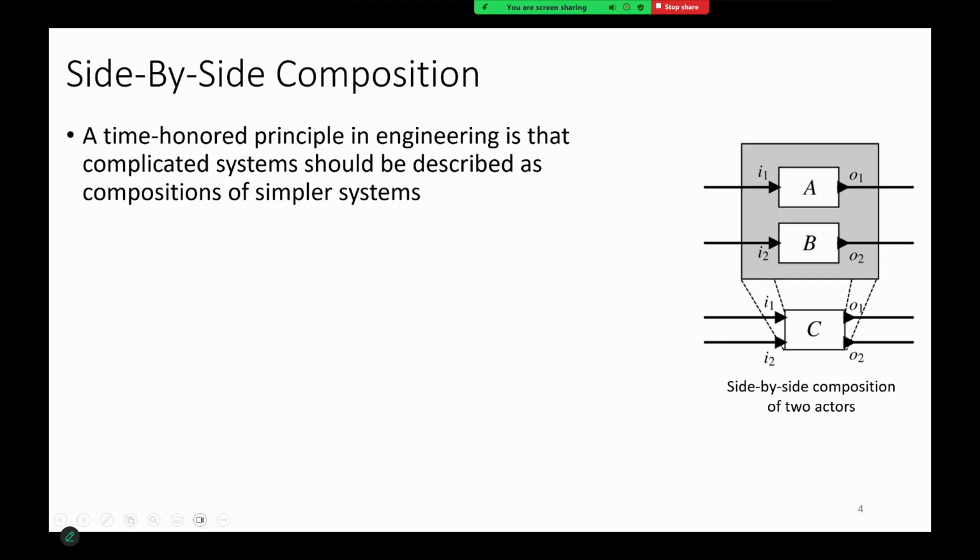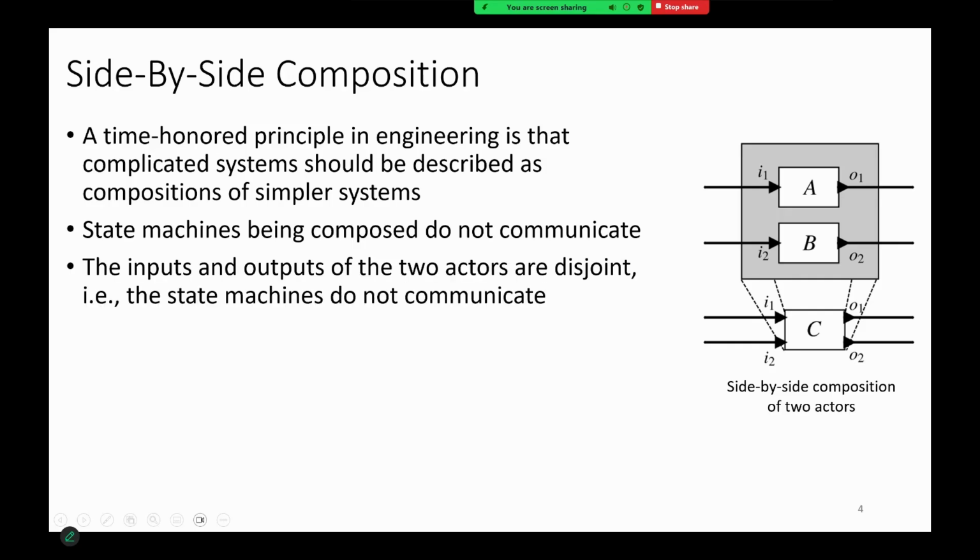The C state machine consists of two subsystems, A and B, and this is called the side-by-side composition. The state machines being composed don't communicate with each other, and the inputs and outputs are disjoint.